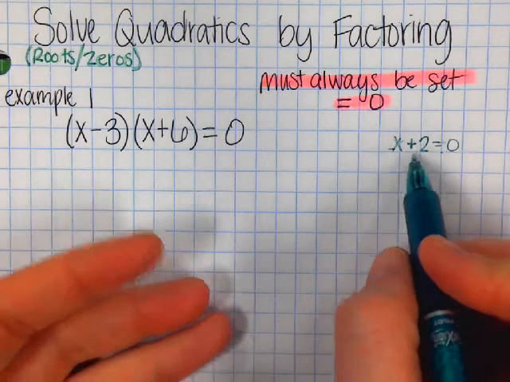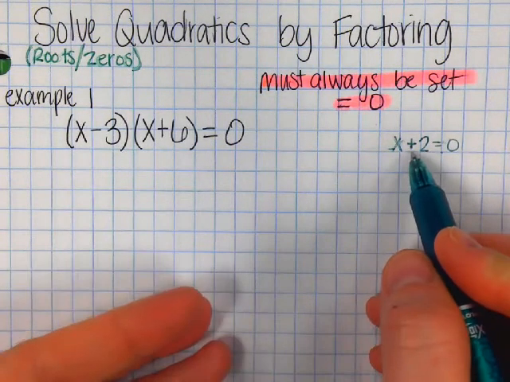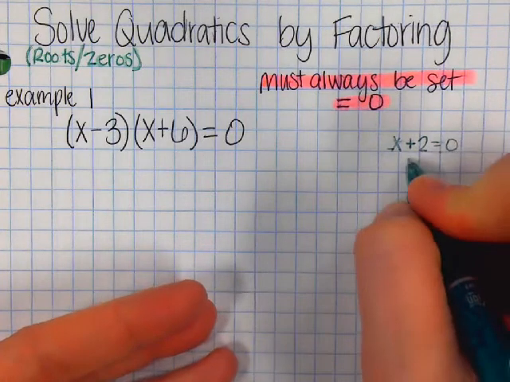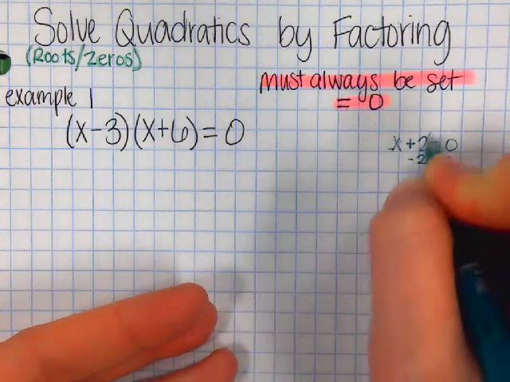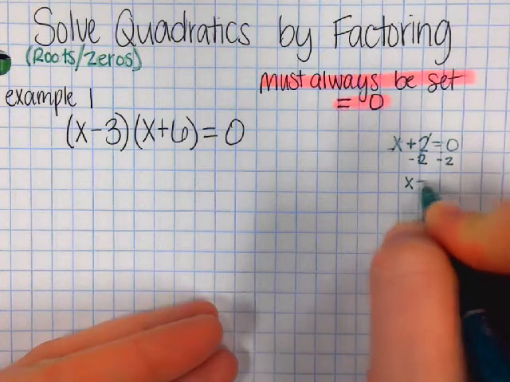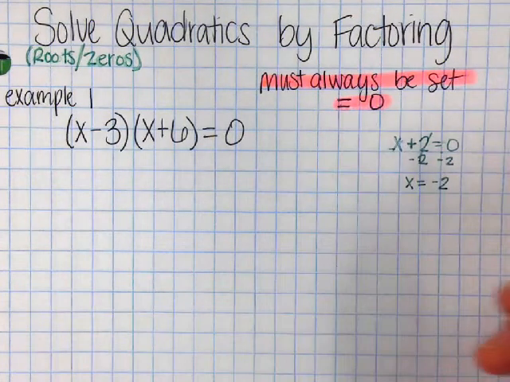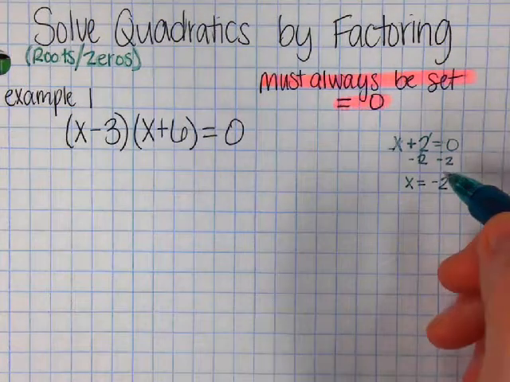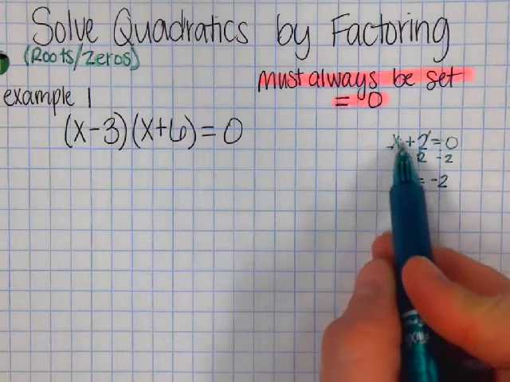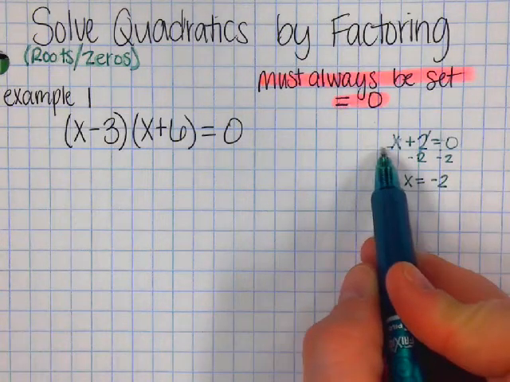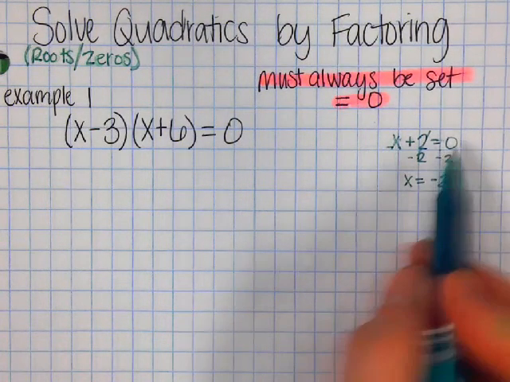What we usually do is instead of adding 2, we subtract 2. So we do the opposite. So x equals negative 2. Negative 2 plus 2 gives you 0. Well, that's true. So you always want to find a number that you can plug into the equation that makes this side equal to this side.